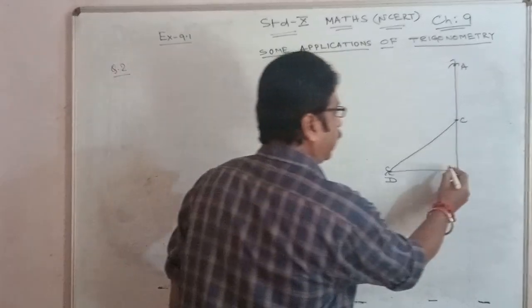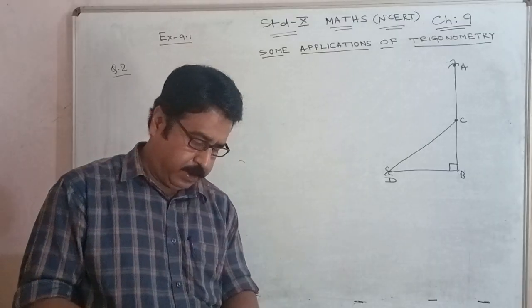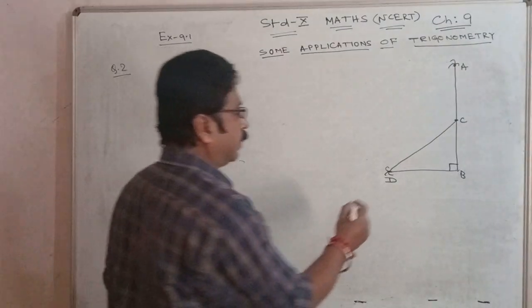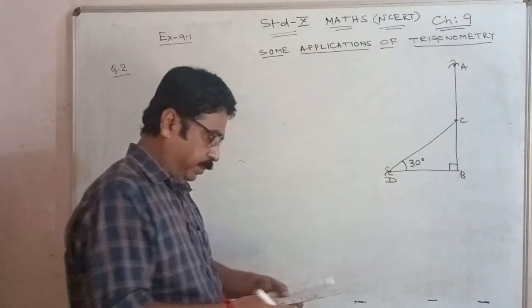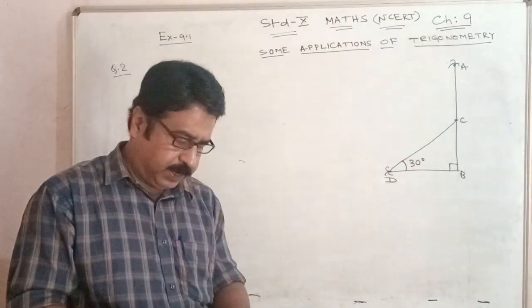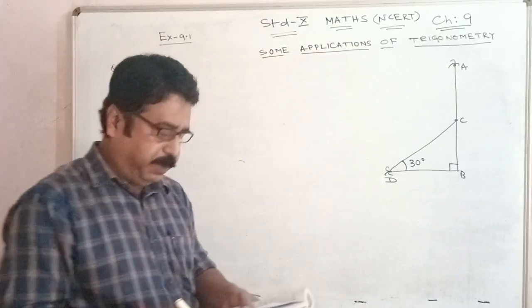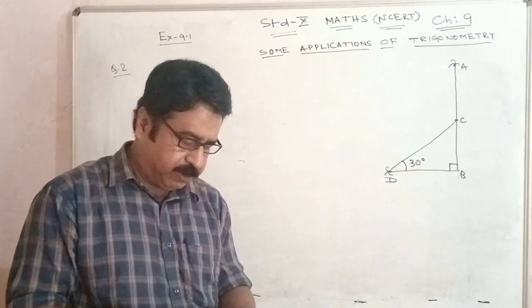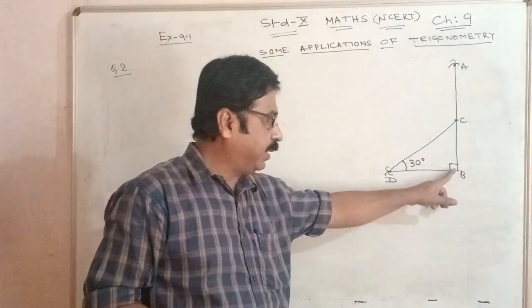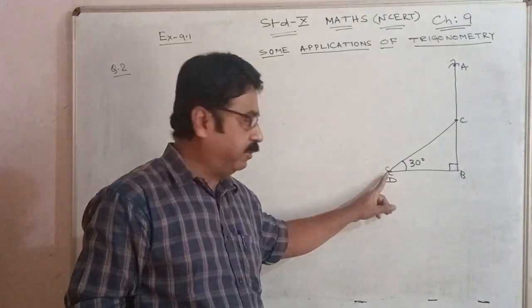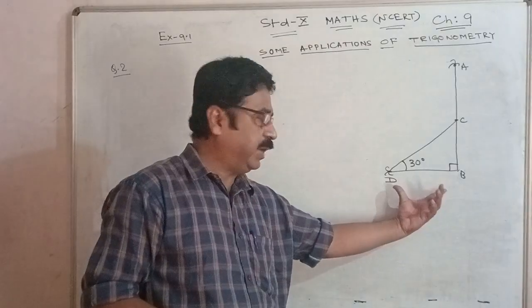Obviously, this will be right angle and this angle is given 30 degree. The distance between the foot of the tree, point B, to the point where the top touches the ground, at the point D, that is the distance BD.